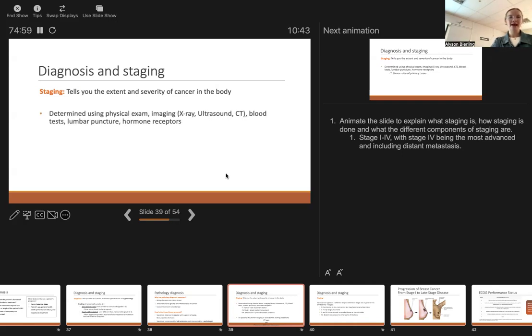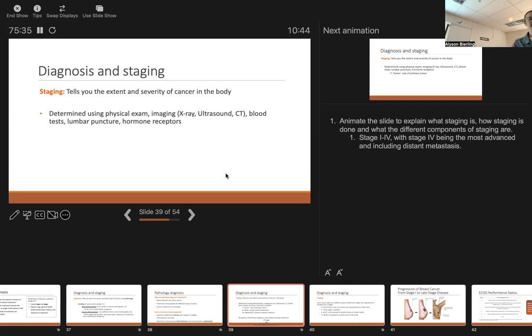We do this in a variety of ways, and it is different depending on the type of cancer. Most commonly, we use imaging to determine staging. At a minimum for most patients, we want to do a chest x-ray and an abdominal ultrasound. Ideally, if we have access to it, we should be doing a CT scan of the chest, the abdomen, the pelvis, and the brain, if possible.